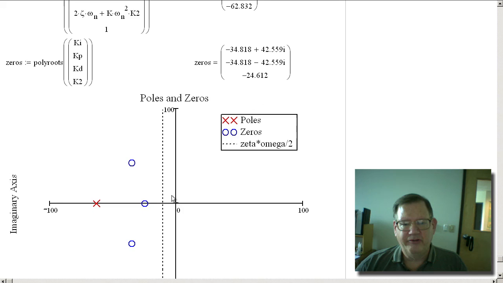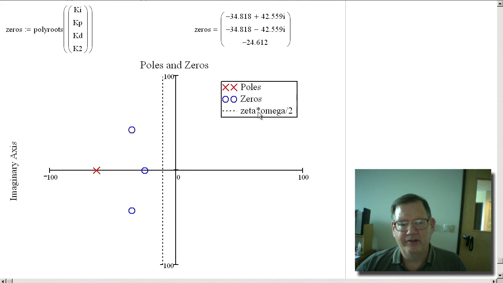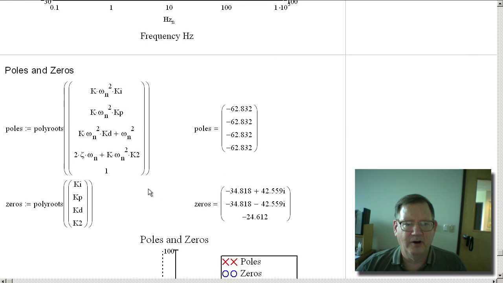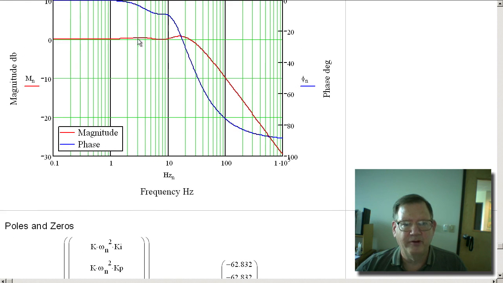This is the minus zeta times omega divided by 2. And these are the three zeros. The three zeros are responsible for causing these little bumps right here. The zeros will cause a little bit of phase lag or lead and increase the gain. Basically, the zeros increase bandwidth.